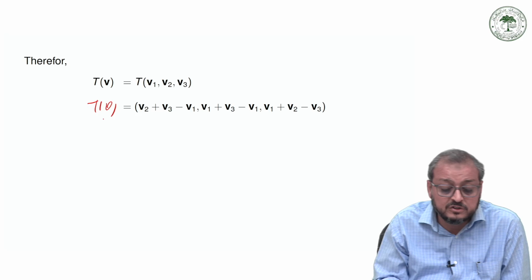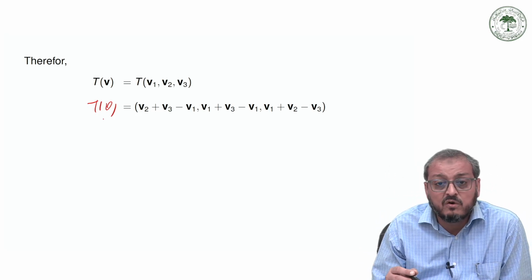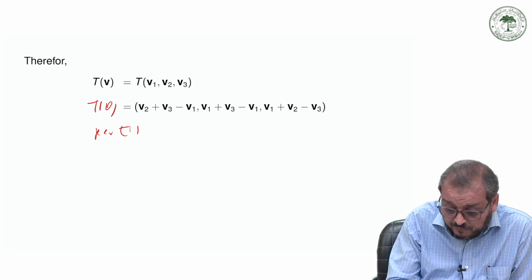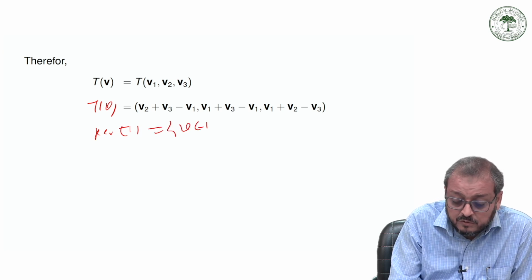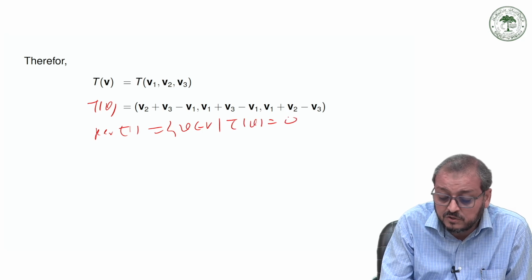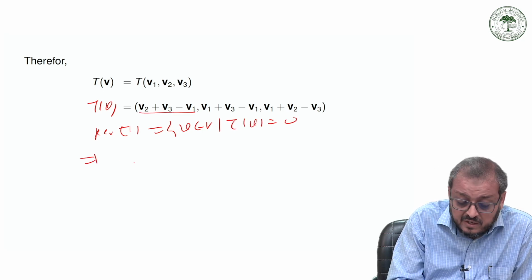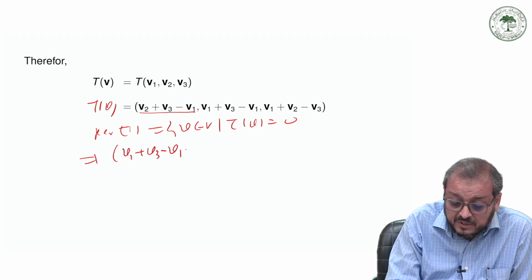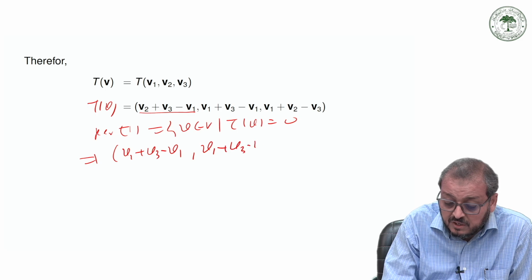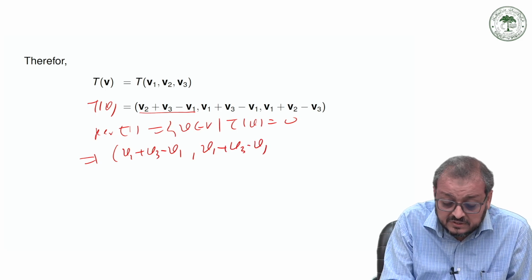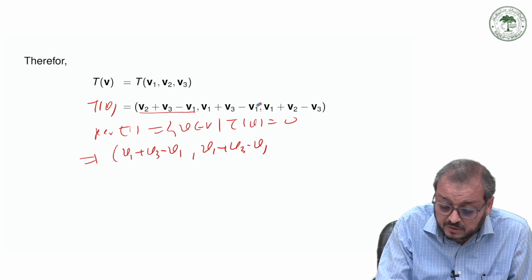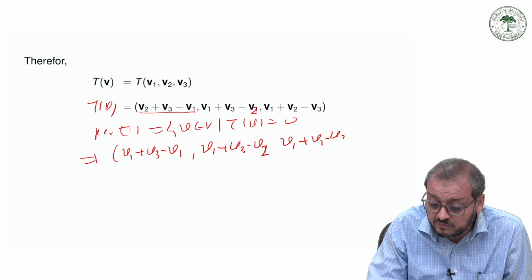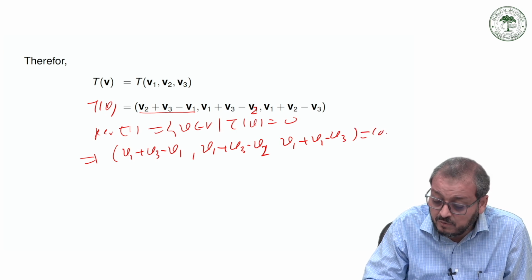Now we check whether this is one-to-one and onto. So, we check the kernel of T. Kernel of T is nothing but V belonging to the space such that T of V is equal to 0. This implies that this whole thing is equal to, V2 plus V3 minus V1, V1 plus V3 minus V2, sorry, this is V2, then V1 plus V2 minus V3, and this is equal to 0, 0, 0.